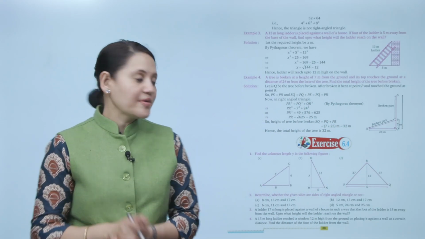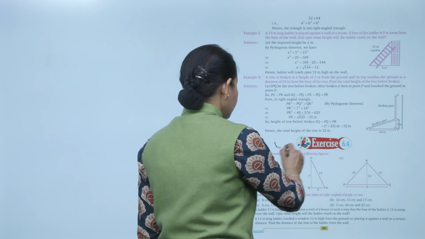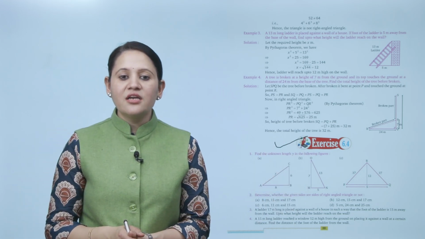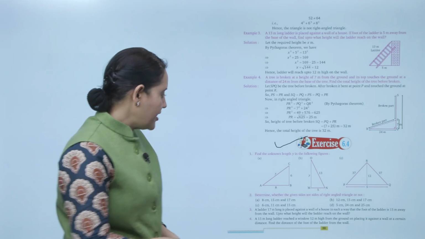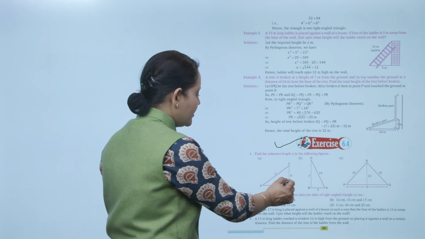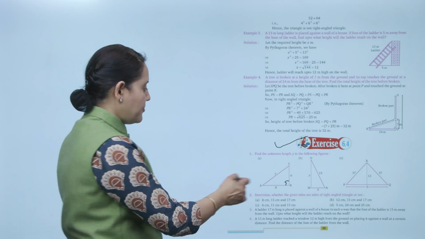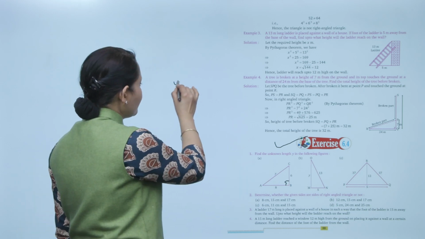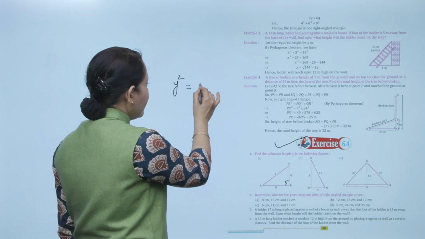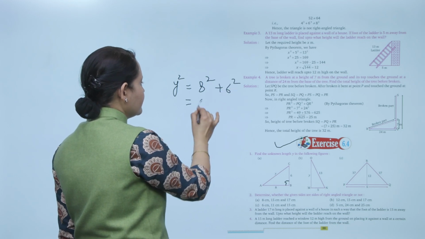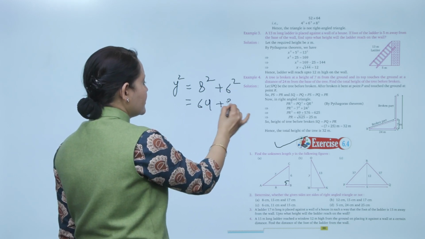Next is exercise 6.4. Find the unknown length y in the following figure. Here two sides are given, 6 and 8. Right angle is at B, means this is the hypotenuse. So y square will be equal to what? 8 square plus 6 square, 64 plus 36.